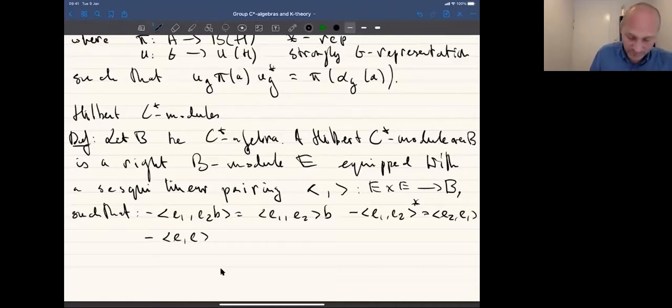Then if I take the inner product of an element E with itself, I should get a positive element of the C-star algebra. Now, I didn't introduce or discuss positivity for C-star algebras because of time constraints, but there is a notion of positivity in C-star algebras, which for commutative algebras corresponds to functions that take positive values.